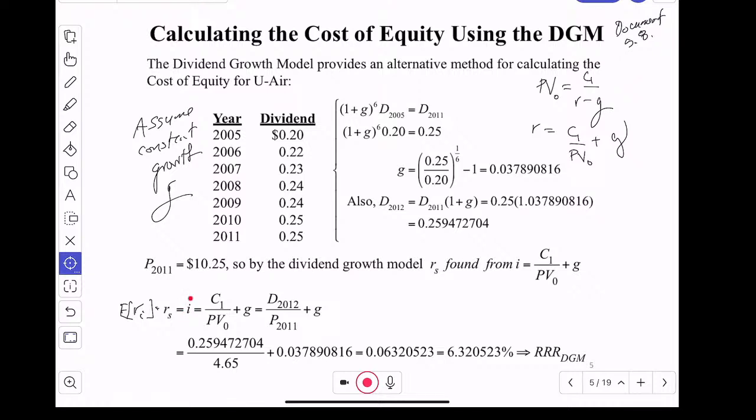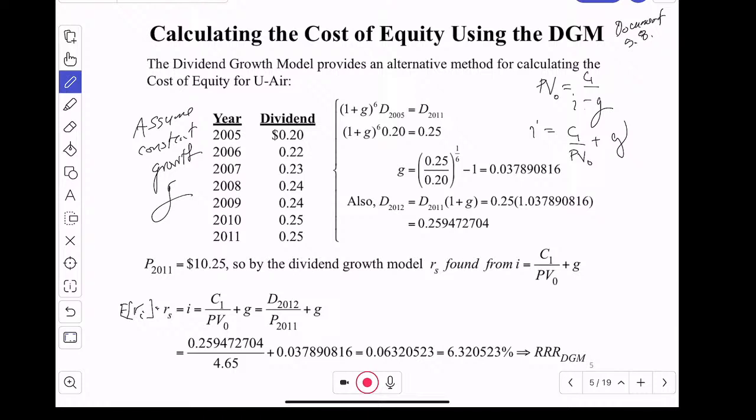This is the equivalent of finding the interest rate. That's why I put the I there. Oh, I should have put I here, sorry, because in our notes I use I, not R. I don't want you to think there's new things going on.